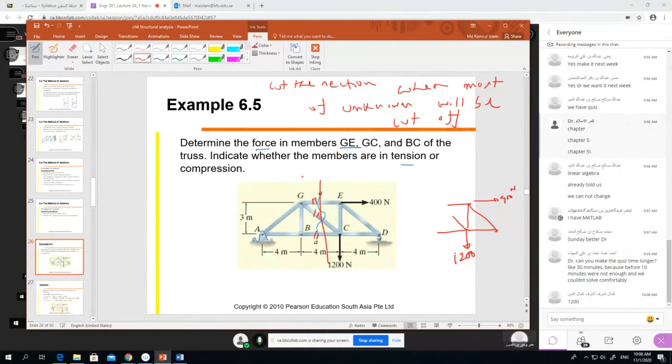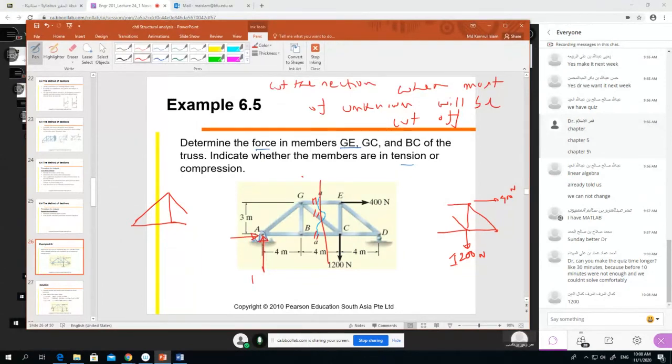Yes, 1200, fine. Then another cut will be here, like this, and like this. Now at point A, if we take the free body diagram, A will have two reactions.